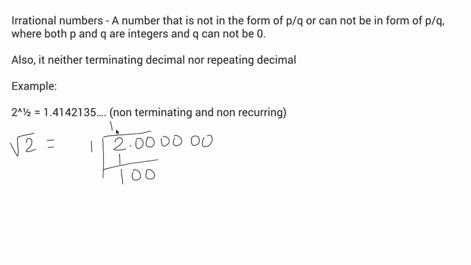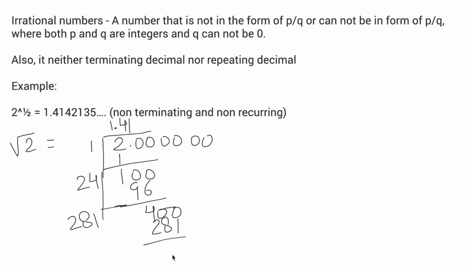Because of this you put a decimal over here, and then you write 1 plus 1, 2, and then we know for a fact 2496. Now we got 4, and in this way you write this, then 4 and 24 is 28. Now you put 1 over here, and then you write 281, and then again you get something.